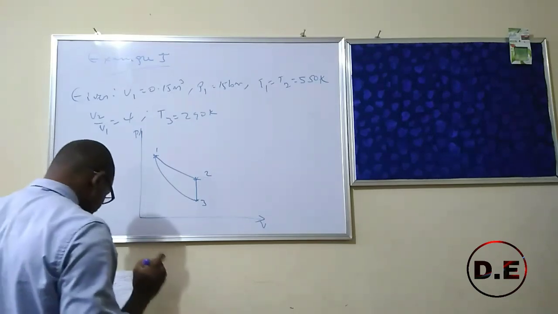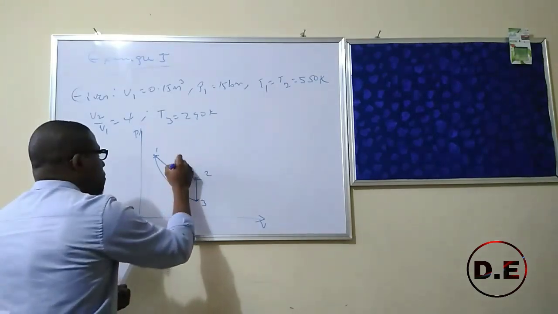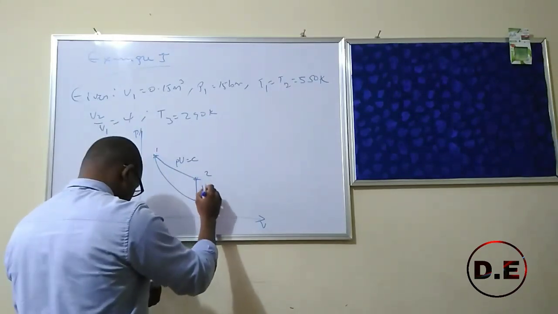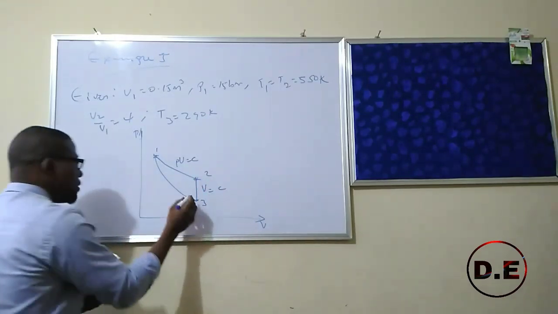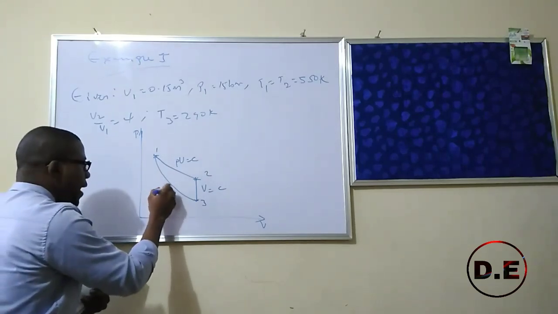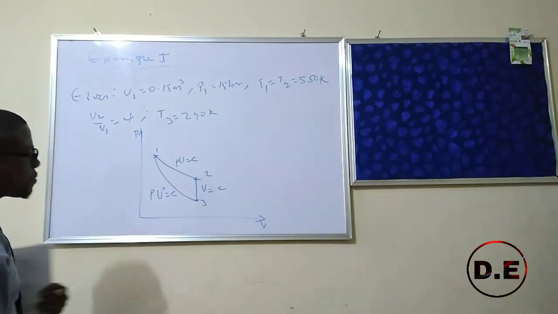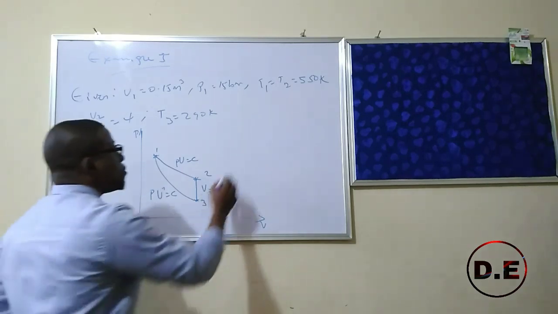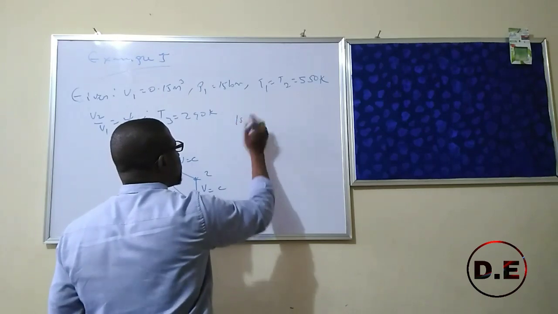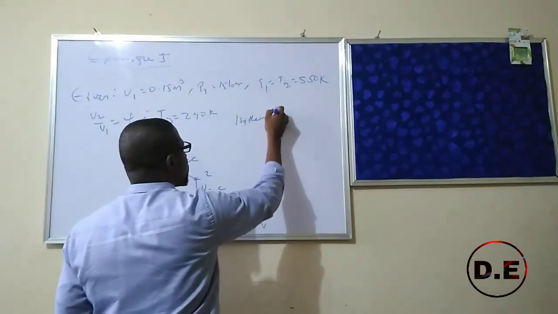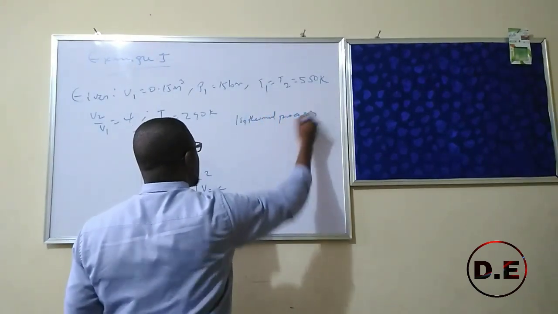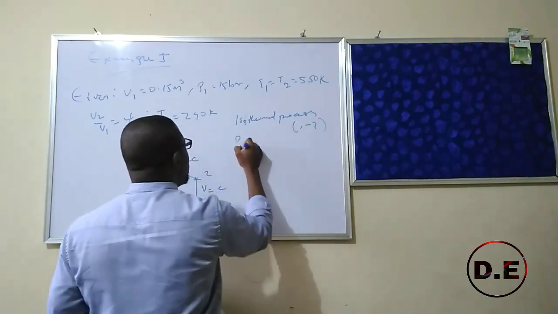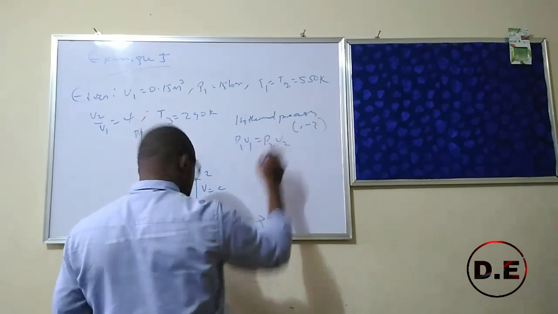And we know that for an isothermal process, PV is equal to a constant C. For a constant volume process, V is equal to constant. And then for a polytropic, PV^n is equal to a constant. Furthermore, for the isothermal process, that's process 1 to 2, P1V1 equals P2V2.